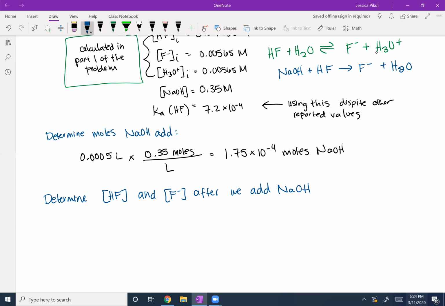So here we make a table of this. Initially, we have our hydrofluoric acid and our fluoride ion. We know our initial concentrations, so let's start there.